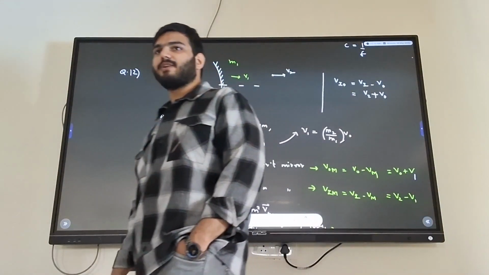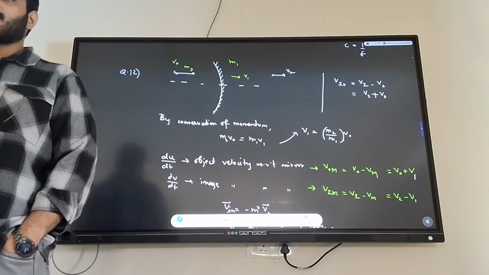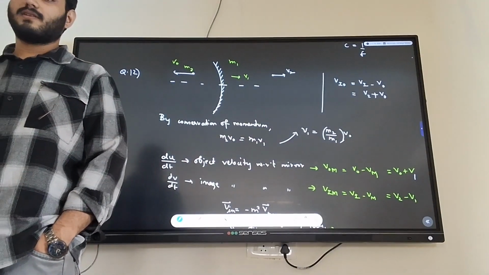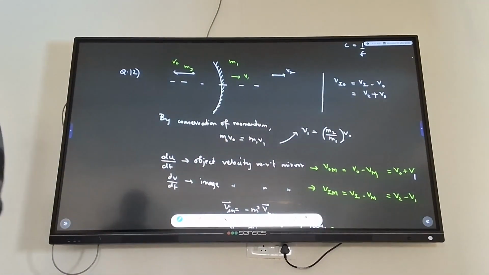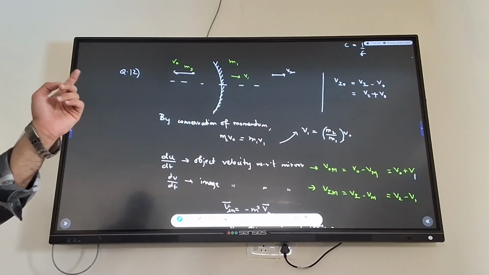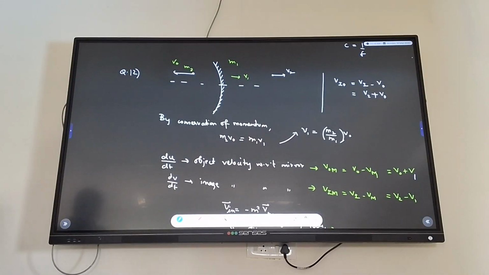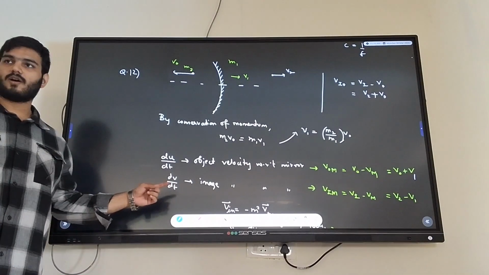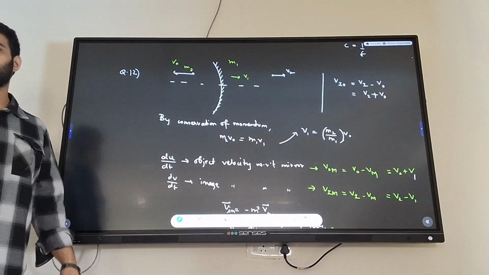A very interesting question. I think people can do question number 13. That's very simple. Try to do that if you are done with question number 12. Do you have anything to ask in question number 12? I understand the solutions are not that obvious as you see it the first time.